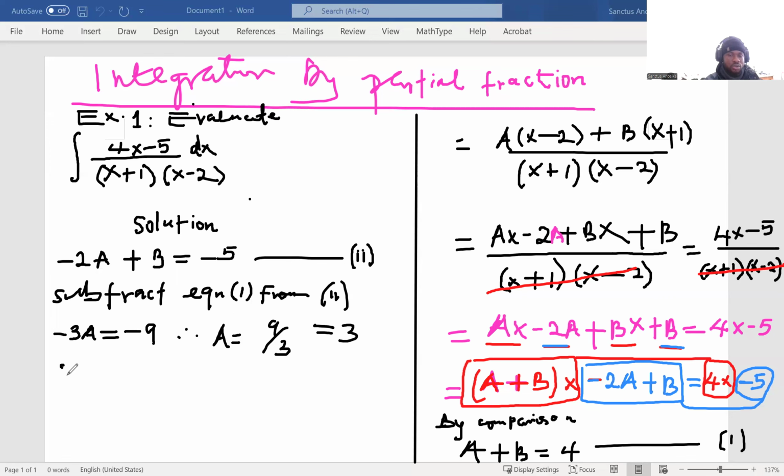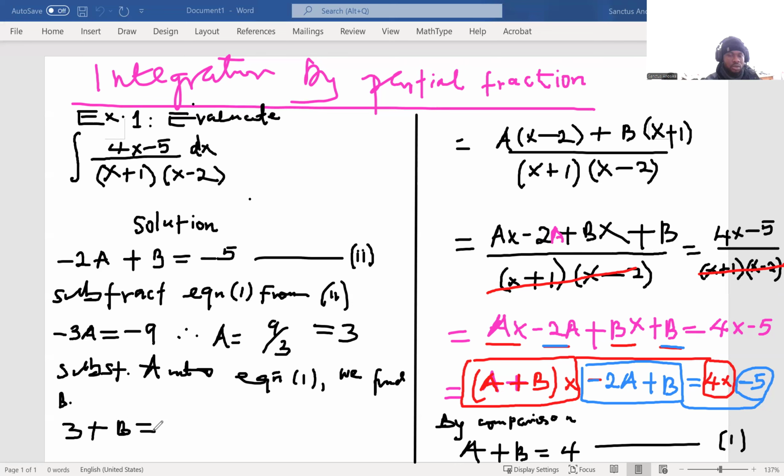Then substitute a into equation 1. We find b. Okay? So if we substitute a equal to 3, 3 plus b equal to 4.